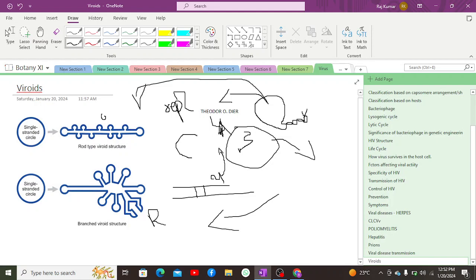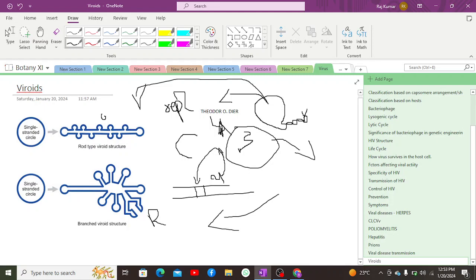When the mRNA is formed and it undergoes translation, it can interfere and thus cause the inhibition of the translation process by silencing the gene. Hence, this silencing of gene, which is caused by the interference of RNA, is known as RNA interference.